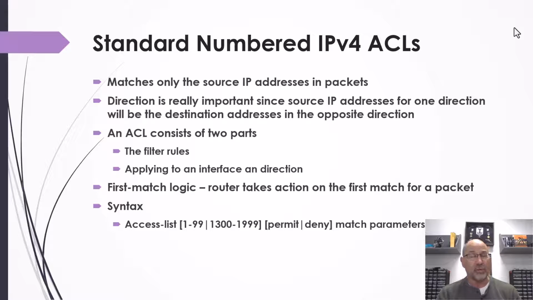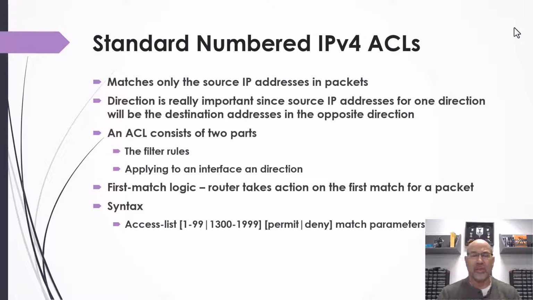So if I was interested in my source IP address, I would have to pick an ACL to be applied in the outbound direction. Now, an ACL consists of actually two parts. There's the filter rules themselves, what you're looking for, and then applying the access list to an interface and direction.